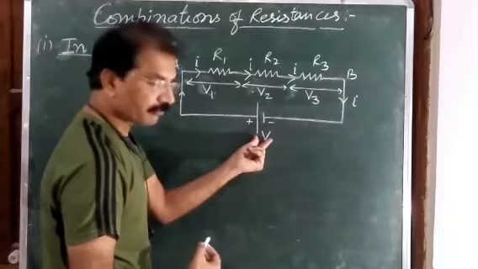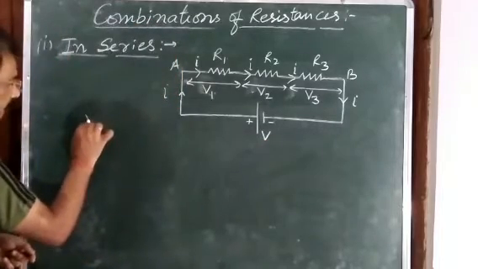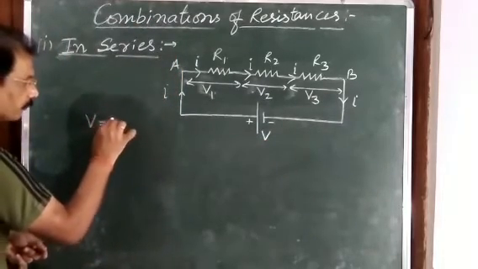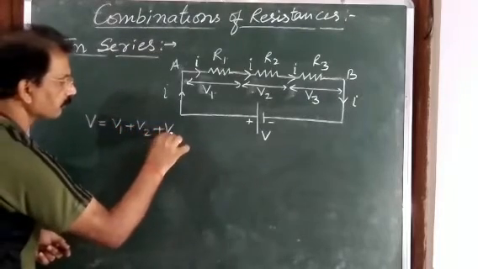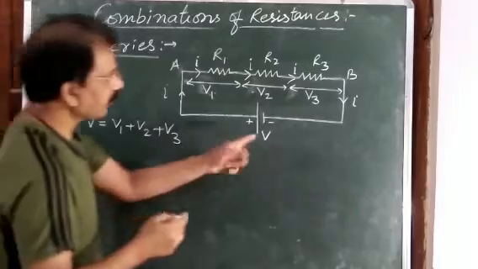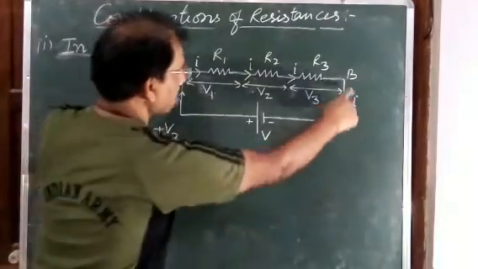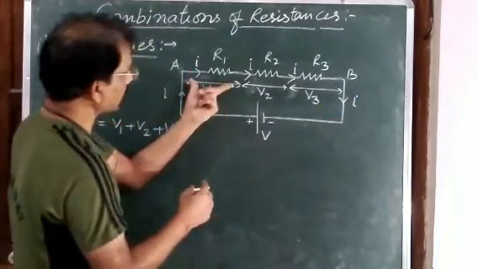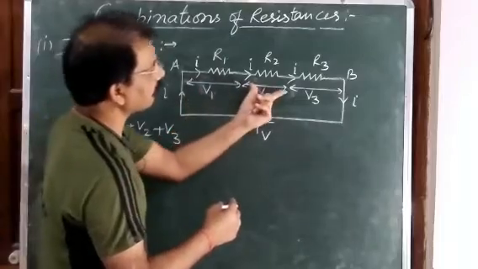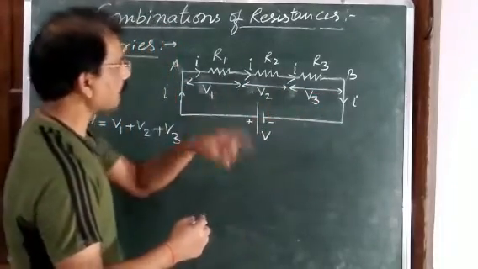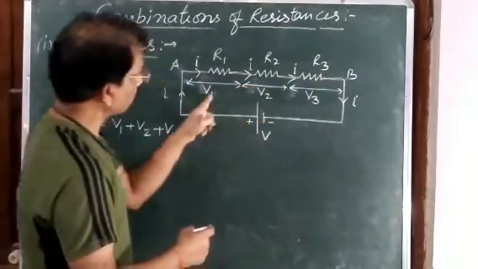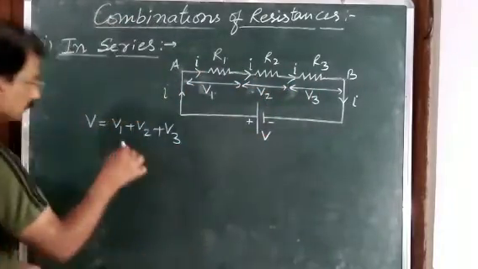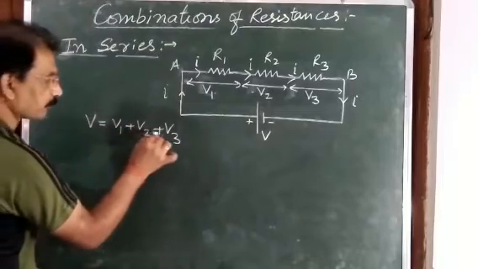Net potential is V. So here we can write V is equal to V1 plus V2 plus V3. It means the applied potential difference across AB is V, and the potential differences across each resistor are V1, V2, V3. Already I told you in series combination the current will remain the same but the potential will be different. So V is equal to V1 plus V2 plus V3.